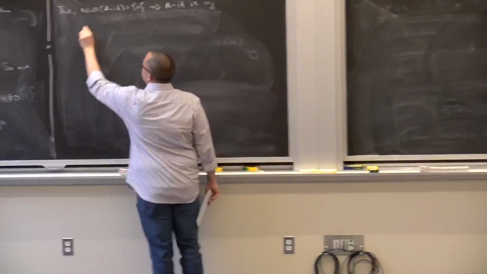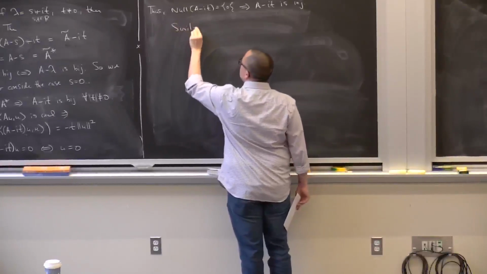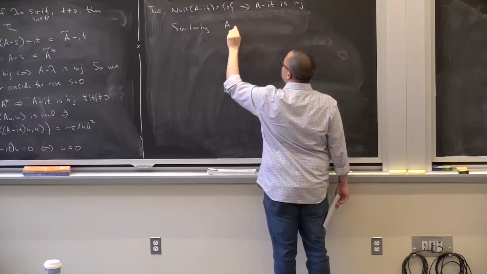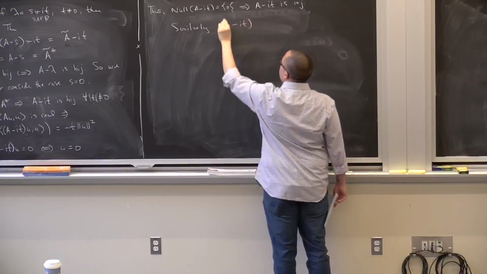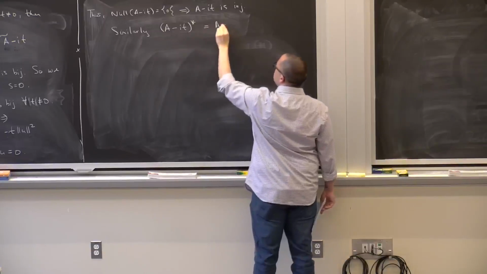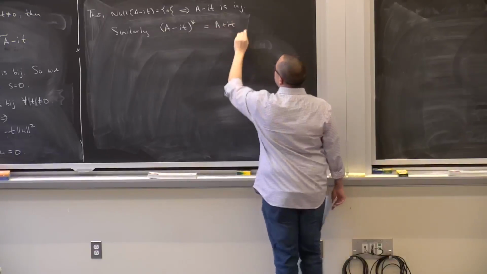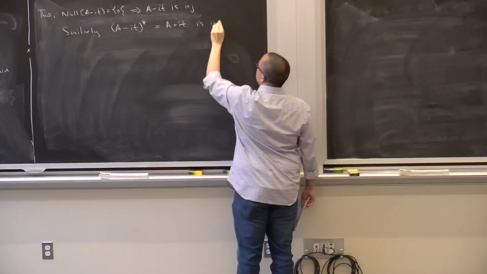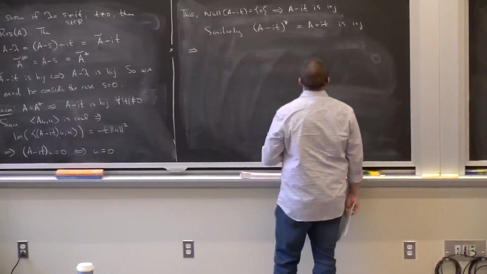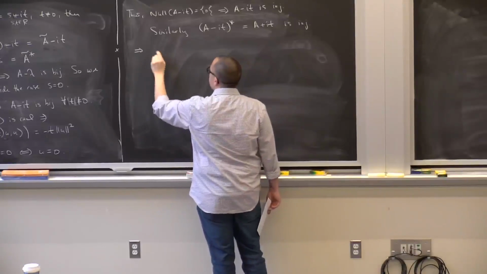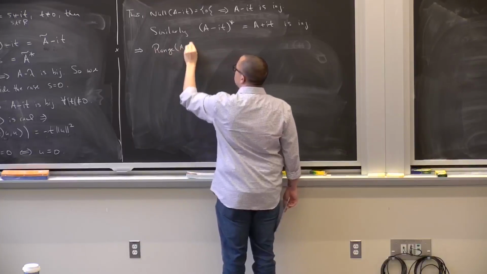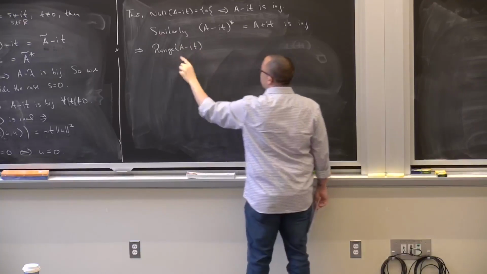Okay, so similarly, I can prove that the adjoint of this operator, which is in fact A plus IT, is injective. And therefore, I get that the orthogonal complement of the range of A minus IT, which is equal to the null space of the adjoint, equals 0.